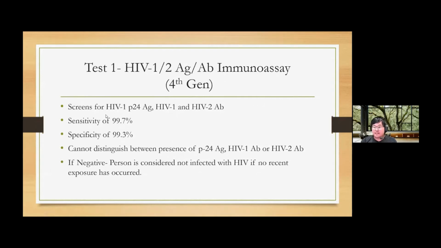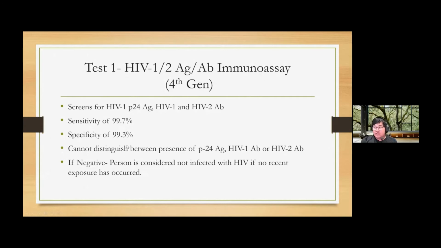It has a sensitivity of 99.7%, specificity of 99.3%. The key thing to remember here is that we can't distinguish whether it's an HIV-1 antibody, an HIV-2 antibody, or a P24 antigen. It just tells us something's there. It doesn't tell us which one, which is why we need to do further testing after this.